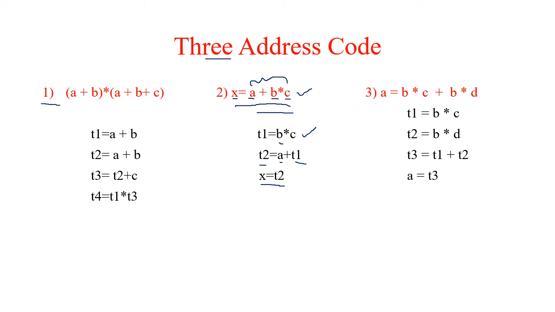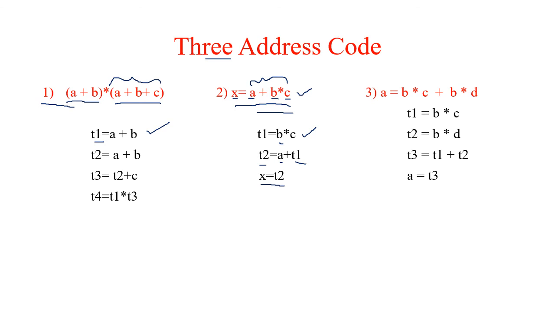Now consider this statement: a plus b star a plus b plus c. Here, to perform this expression, we require the intermediate result of a plus b and the intermediate result of a plus b plus c. Let's compute first. So t1 equal to a plus b. Then to perform this expression, we require a plus b, then plus c.